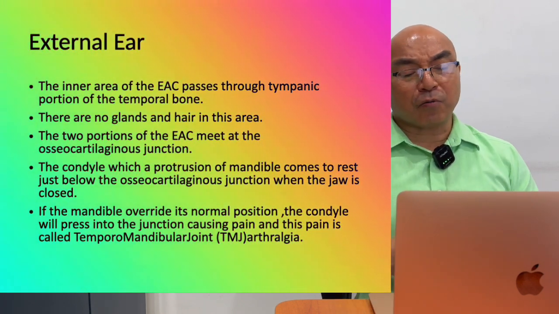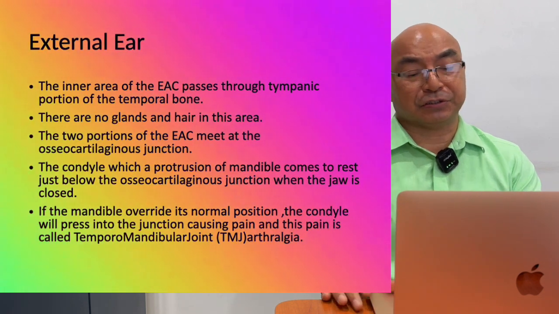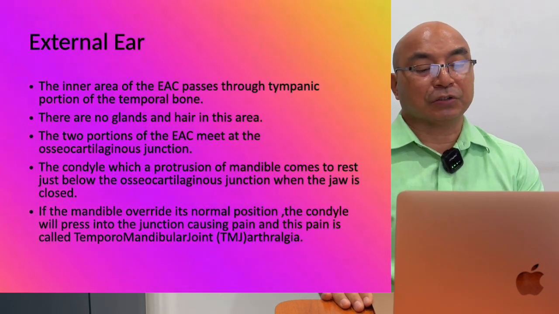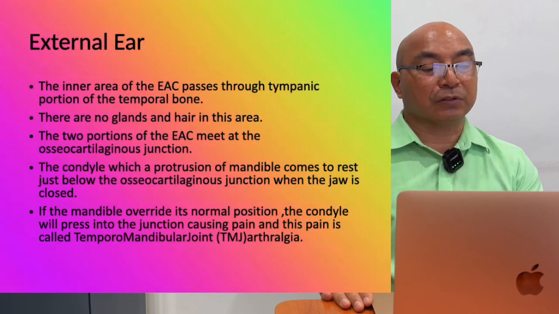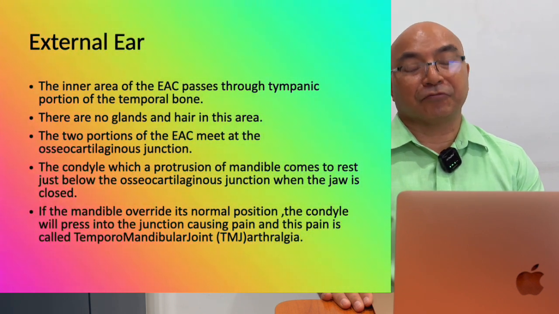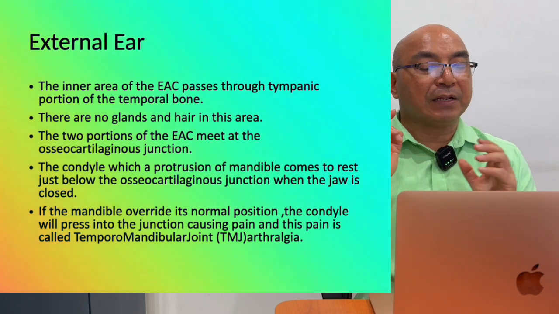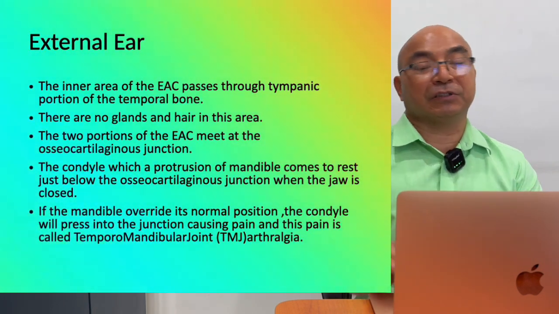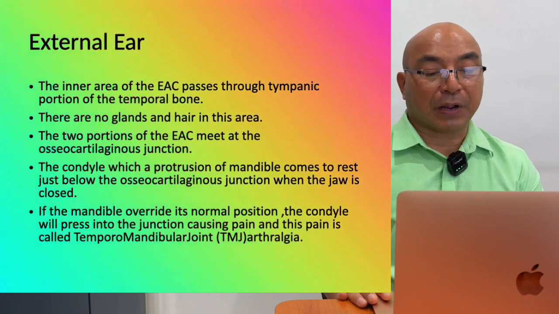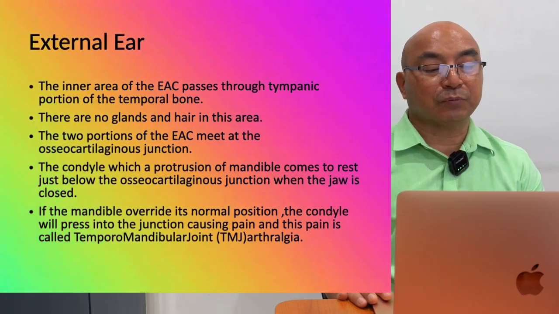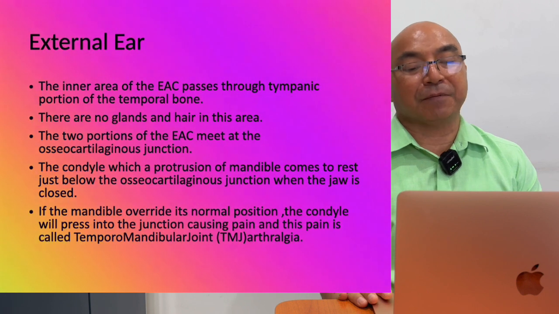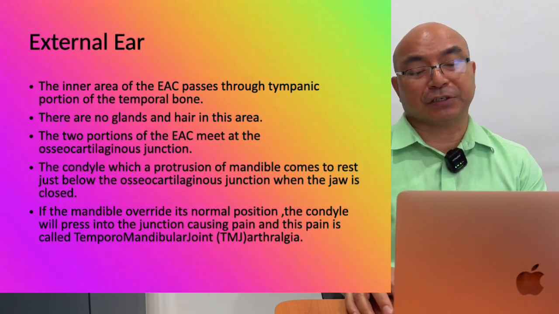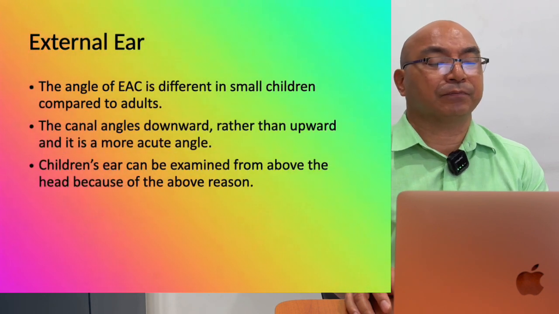If the mandible overrides its normal position, the condyle will press into the junction, causing pain, and this pain is called temporomandibular joint otalgia. Patients usually come with this complaint, especially to ENT doctors.